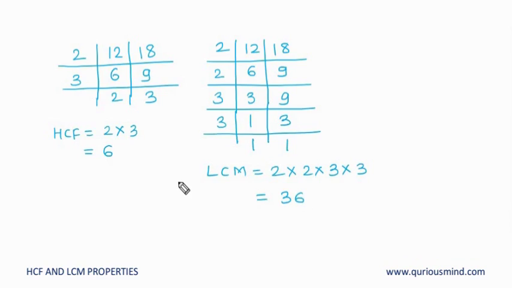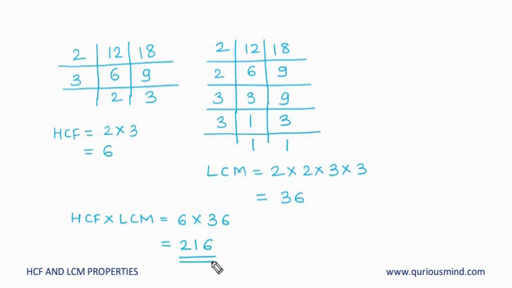Now let's observe one thing here. If I multiply HCF and LCM, what do I get? I get 6 into 36, and that gives me 6 6s are 36, 3 carry forward, 6 3s are 18, plus 3 is 21.